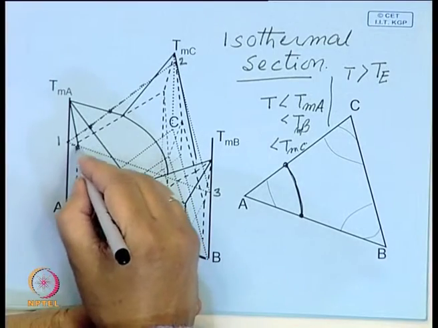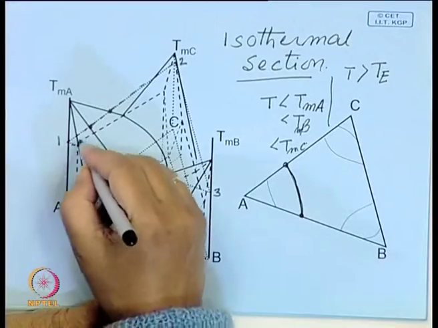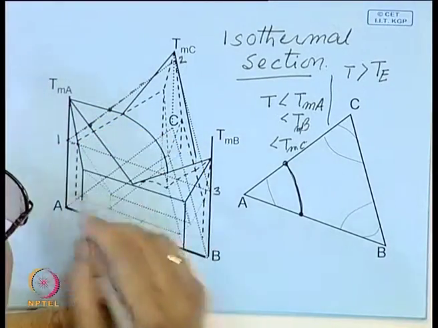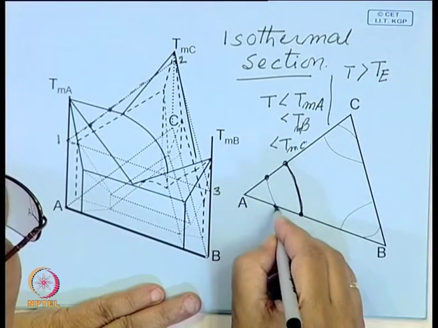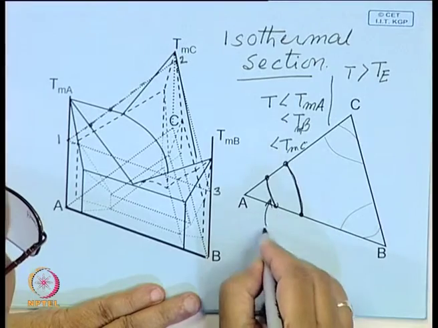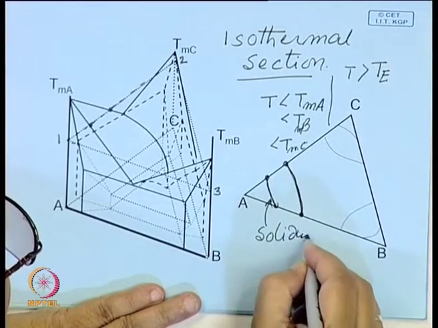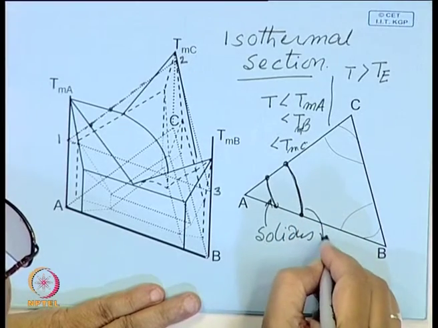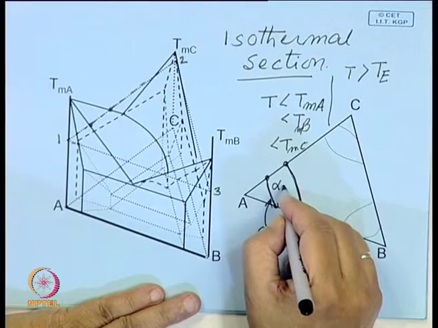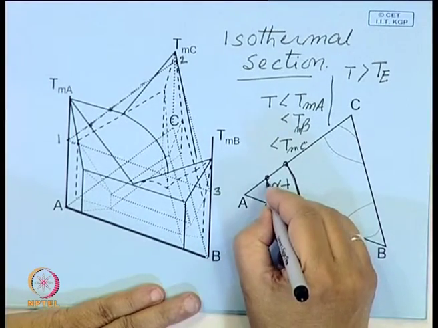Similarly, this plane will intersect this line here, and similarly the solidus, and there will be another here. So, these two, and this will be the solidus, this is the liquidus, and here you will have alpha plus liquid, and here you can also draw tie lines.